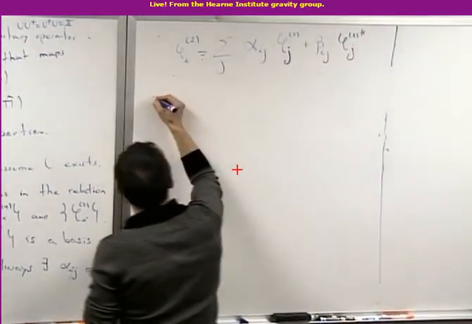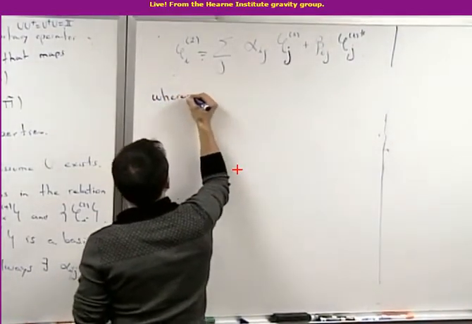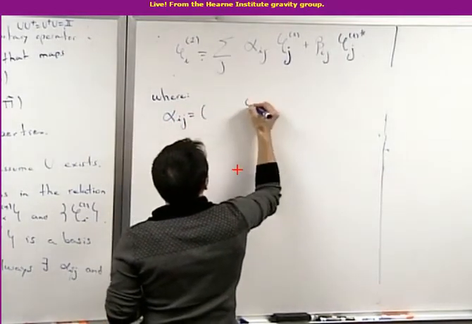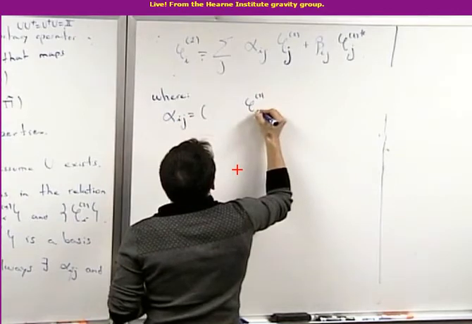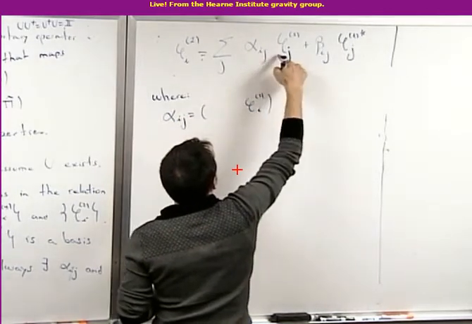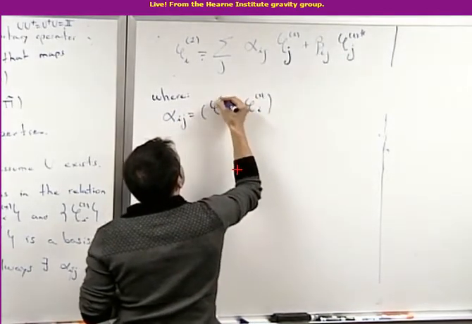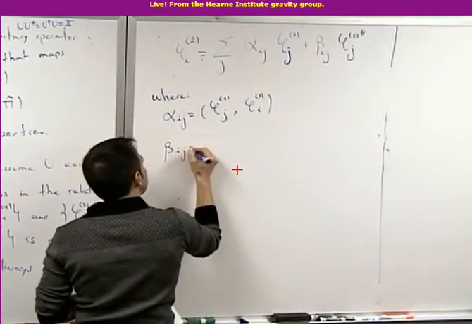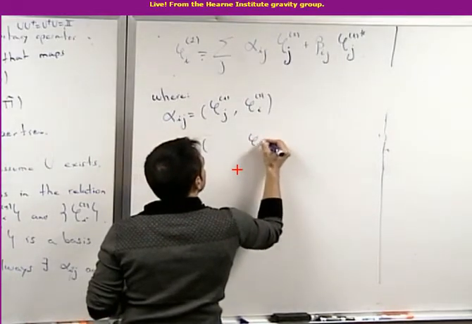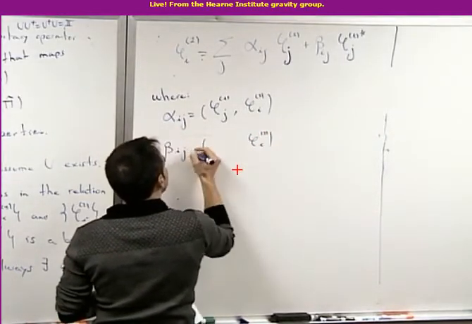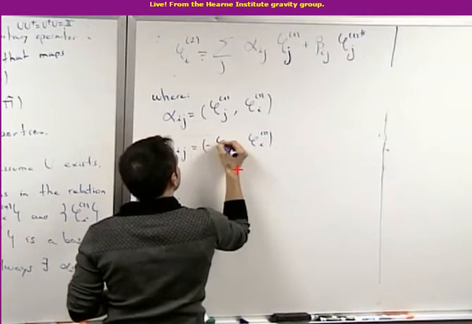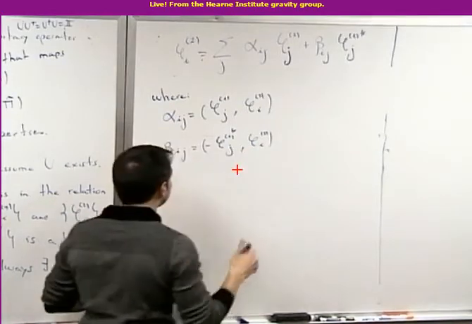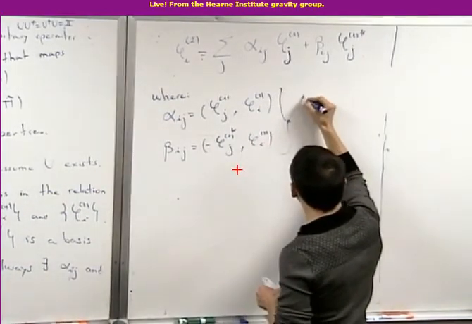And the coefficient alpha ij can be obtained by taking phi 2 and extracting this coefficient, so we have to multiply by phi 1 j, and beta ij, similarly, we have to multiply by minus 1 complex conjugated j. And this is what we call Bogoliubov coefficients.